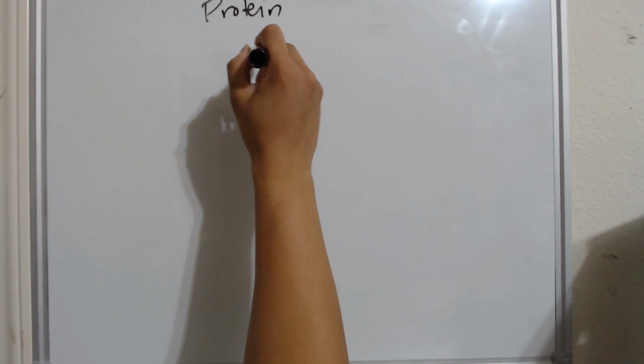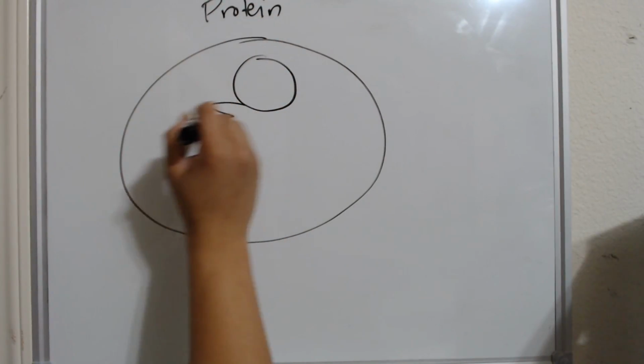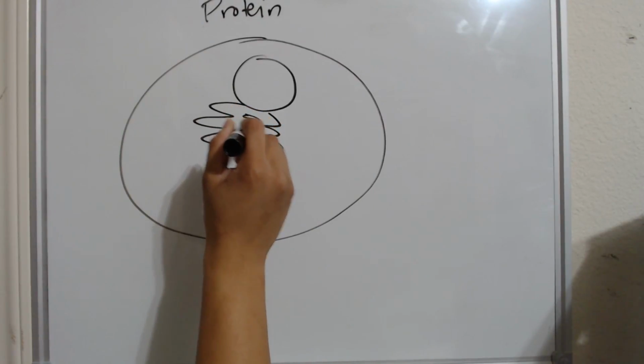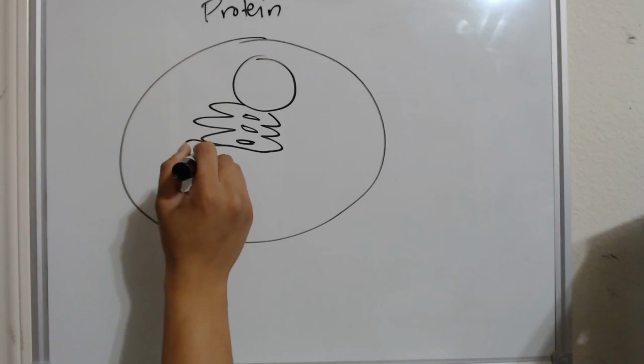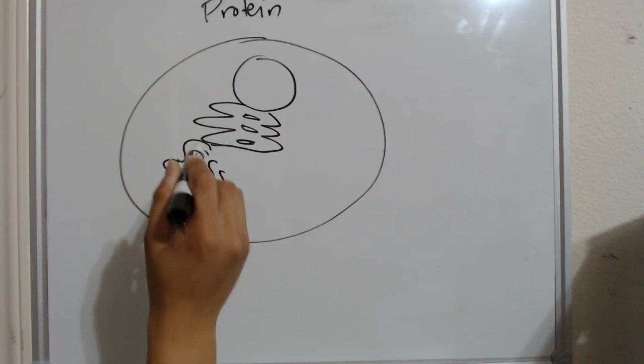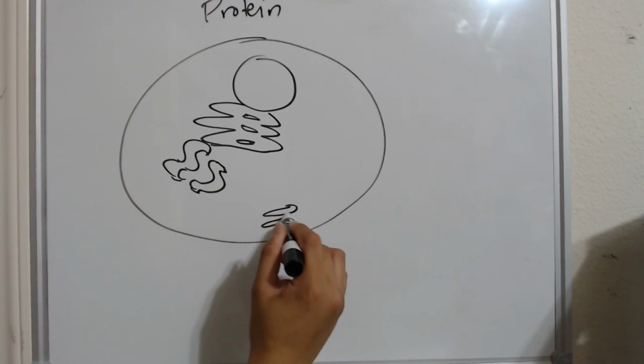So what else about proteins? You learned that in the rough endoplasmic reticulum. Let's say this is the nucleus, this is the cell. There's a rough endoplasmic reticulum here. And then there's smooth endoplasmic reticulum, which is kind of a tube-like thing. And they're connected. And here's the Golgi apparatus.